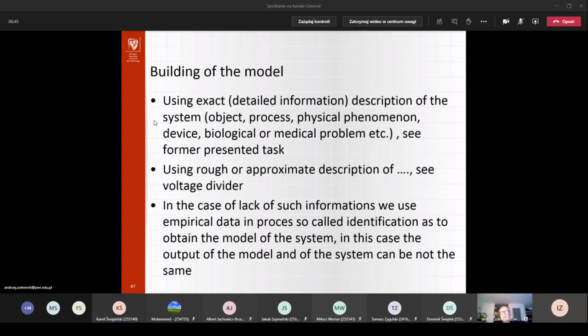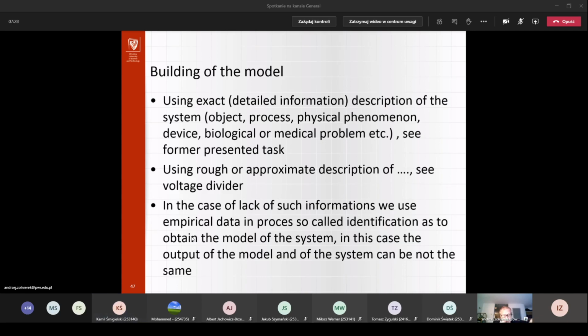Maybe we could have such knowledge, but following this knowledge, the model would not be easy to operate and maybe too complicated to use, because we always try to find the model as simple as possible. And take a look at the second point of this slide.